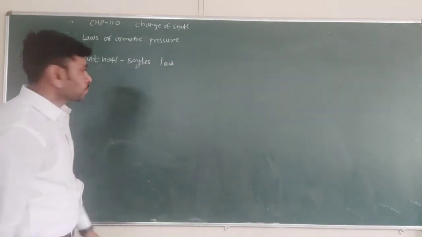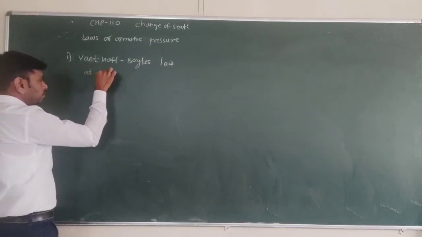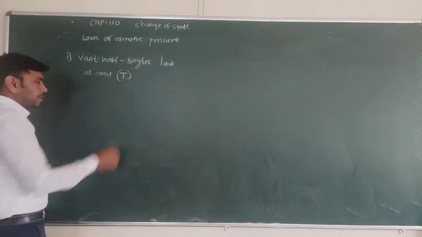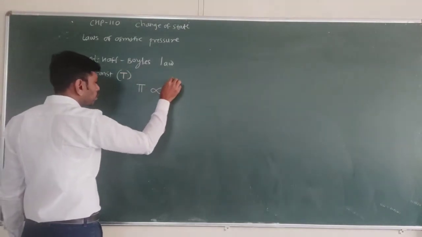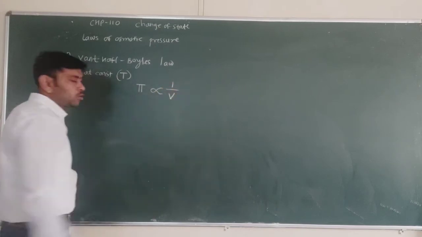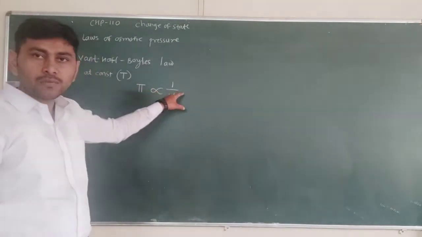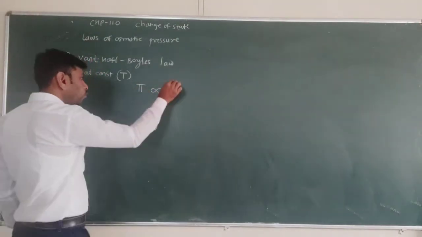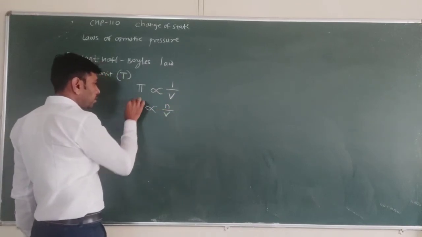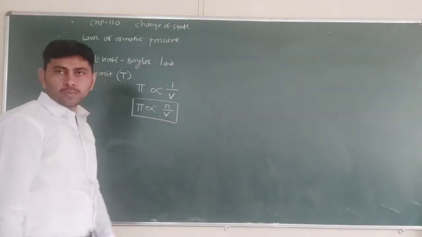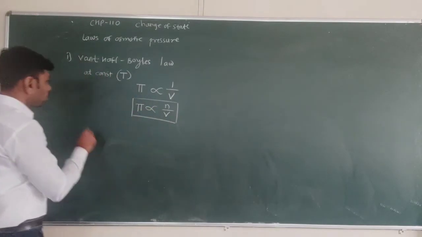What does this law say? Van 't Hoff Boyle's law says that at constant temperature, osmotic pressure is inversely proportional to volume of solution. For 1 mole it is inversely proportional to volume, and for n moles it is n upon V. This is Van 't Hoff Boyle's law.